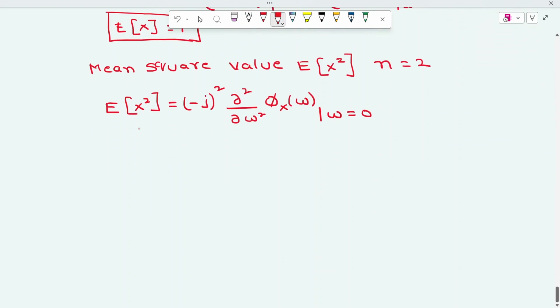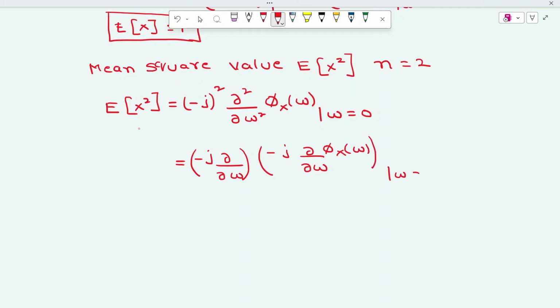This we can write, as we have found out expectation of x already, as minus j dou by dou omega as one term, and again minus j dou by dou omega of phi x of omega.